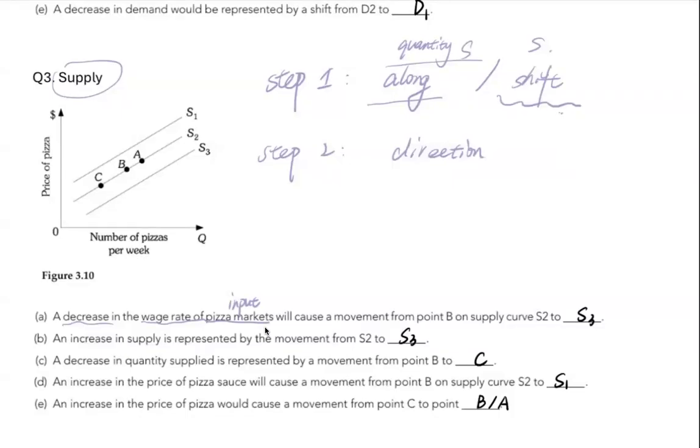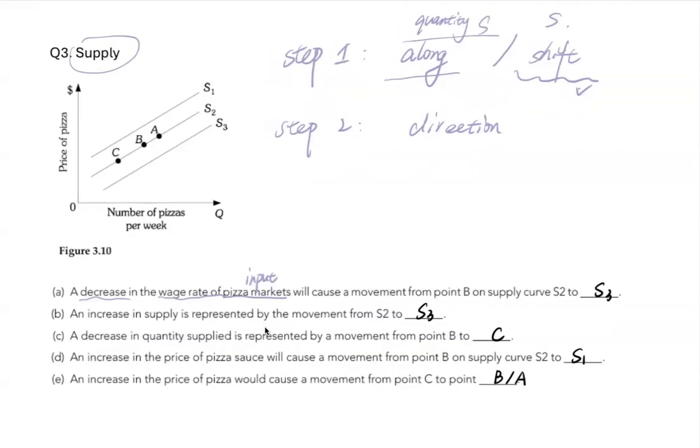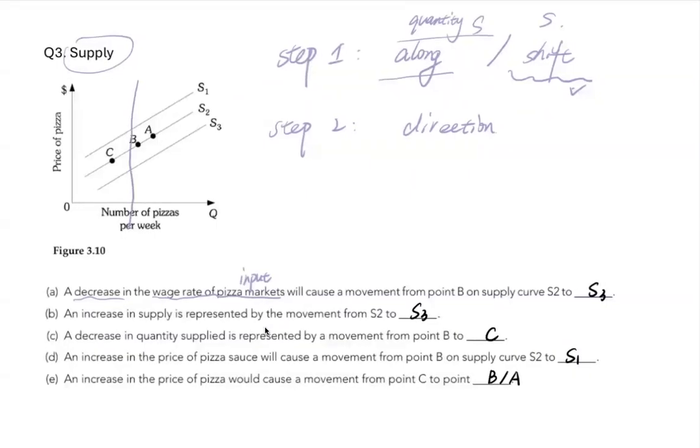And then we know that, and then we need to determine the direction. The price of the input decreasing means that at the same quantity supplied, the price of pizza would be lower, right? Because the price of input decreases.